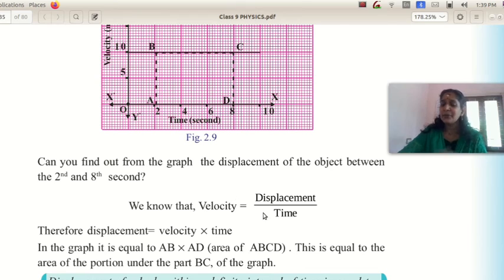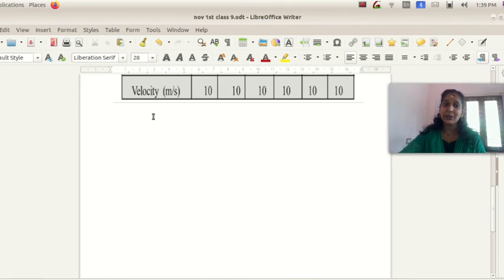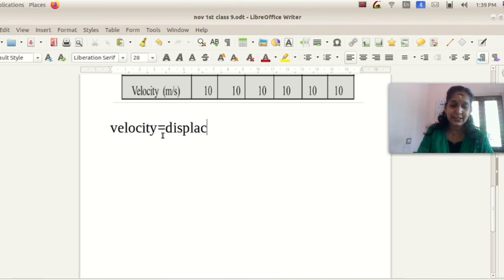We know that velocity is equal to displacement divided by time, isn't it?